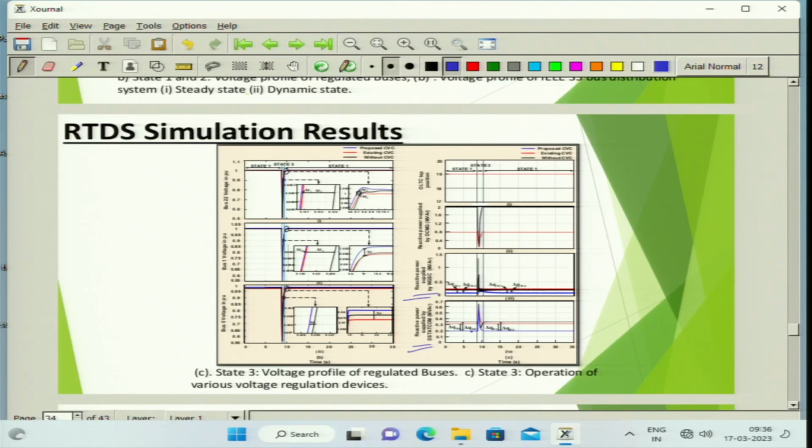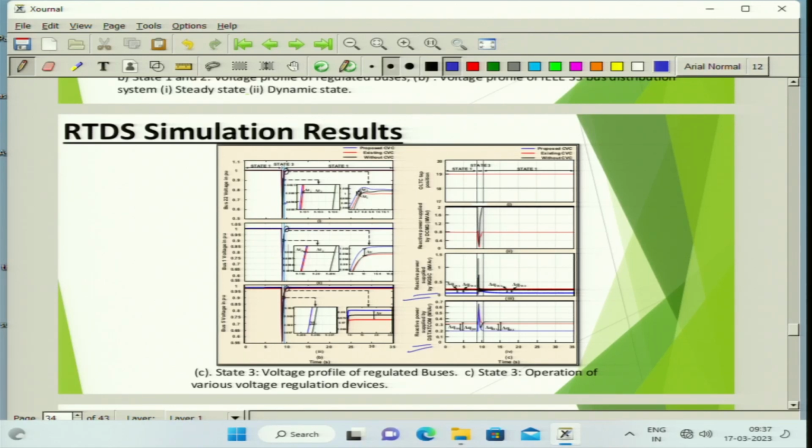The proposed scheme starts from 0.2 MVAR, whereas the existing and without schemes start from 0.4 or so. That means we have around 0.2 MVAR, 200 kVAR, of buffer already there.